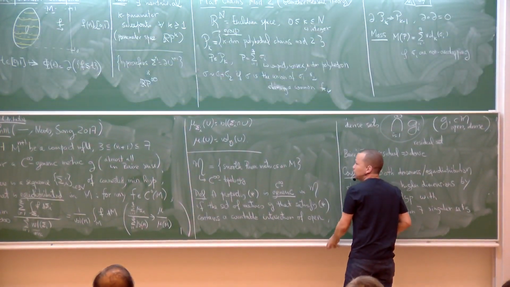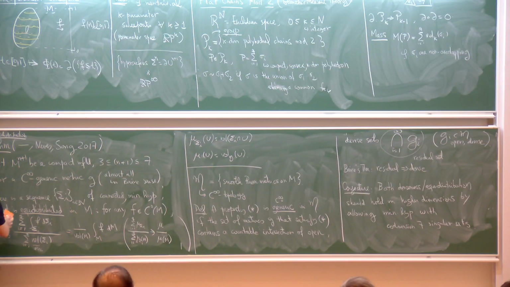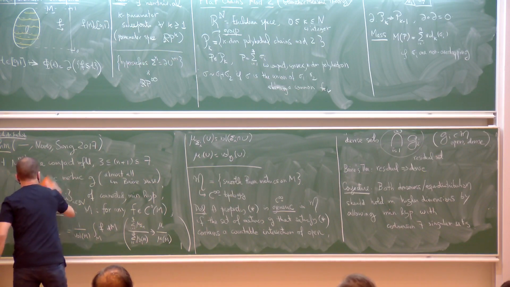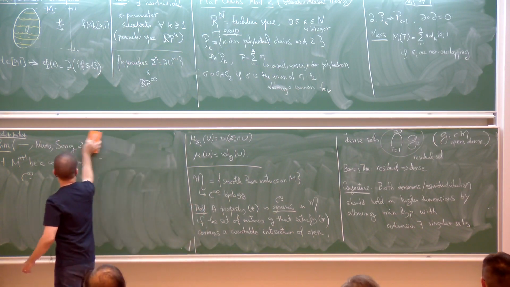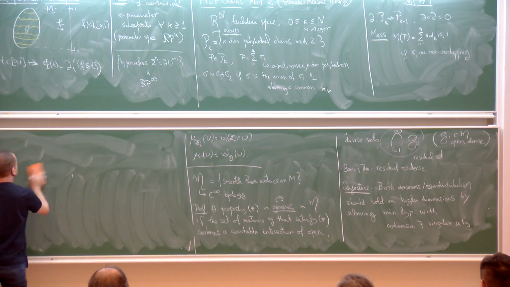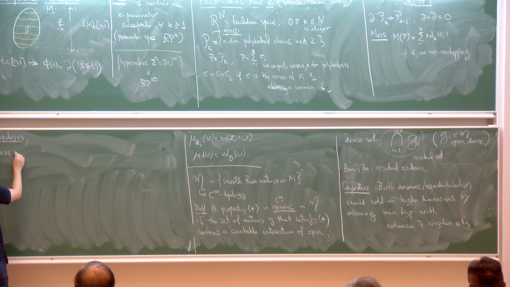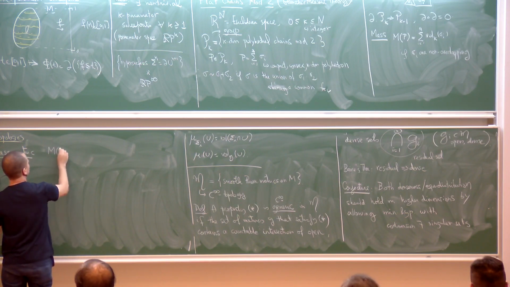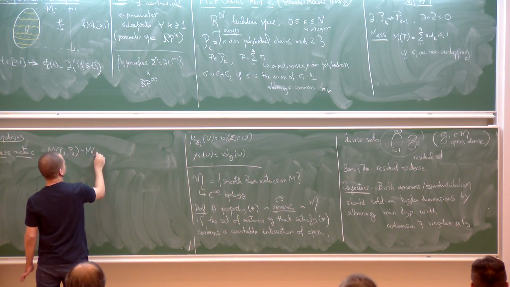You also have some topologies. There are several topologies one can put on that space. One is given by the mass metric, where the distance between two polyhedral chains is the mass of the difference.